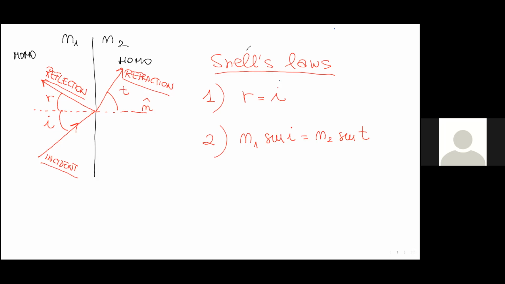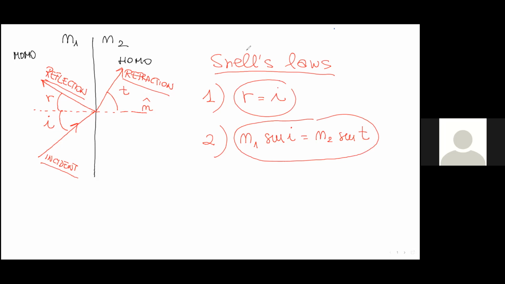Now, the reflection law is very seldom used. We almost never use it, while this one is used very often. And normally people say the Snell law is the second law.